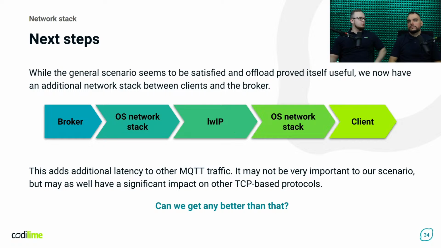For MQTT, necessarily, it doesn't have to be a problem, right? Because most of the traffic for MQTT, the publish packet distribution, is happening between the protocol offload and the client. So for MQTT, it doesn't hurt us that much.